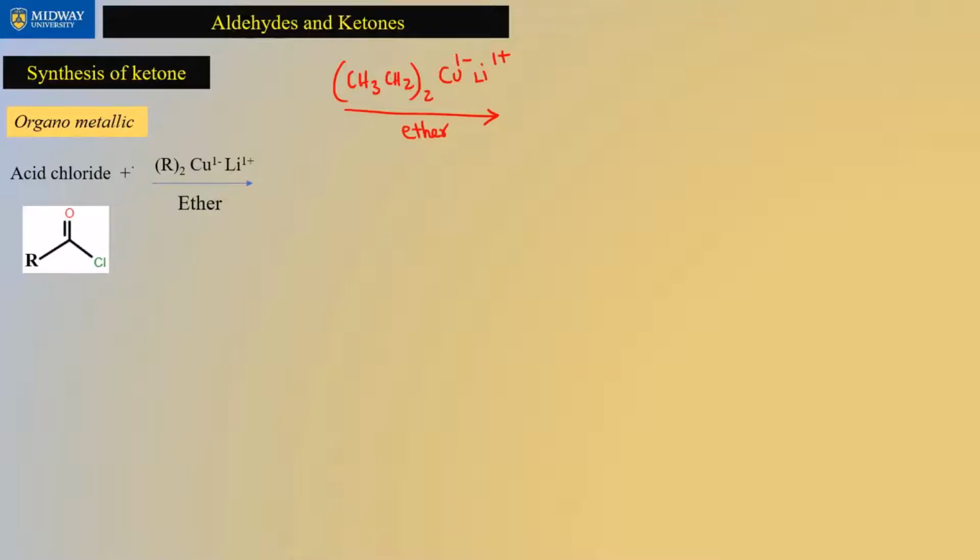When an acid chloride reacts with an organometallic reagent in the presence of an ether, because, you know, this is probably not all that polar, but ether is non-polar. So say this R, let's say it's CH3COCl, and it reacts with this.